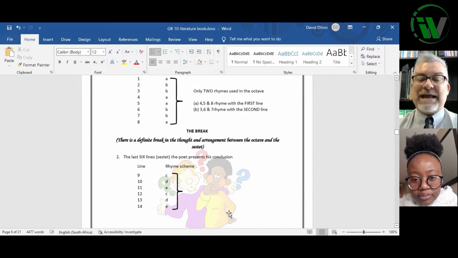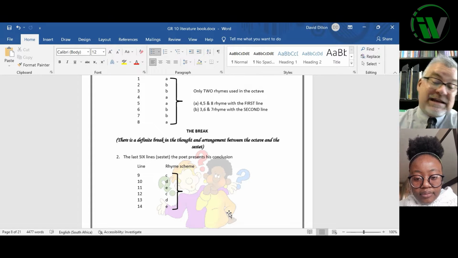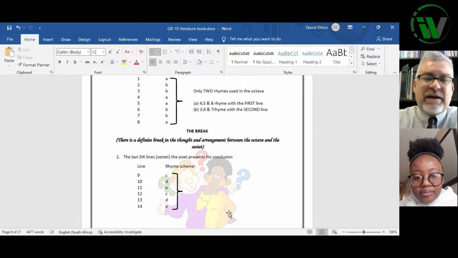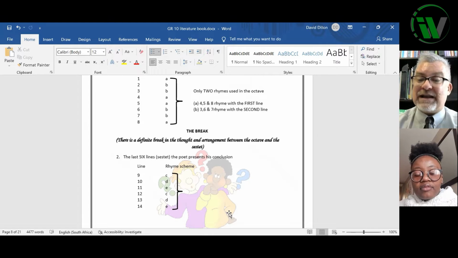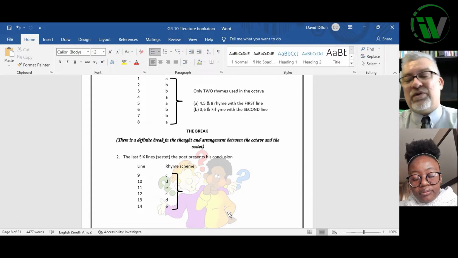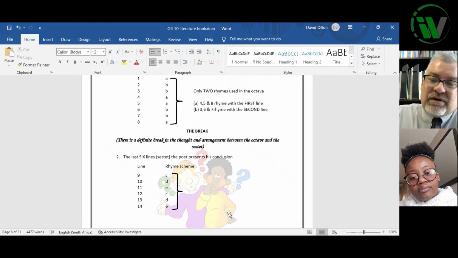So basically what has happened with an Italian sonnet is that your poet is telling you something of importance, something that's serious or light or fun. And then in the last 6 lines, they change their thinking slightly and tell you the why, the what, the how.